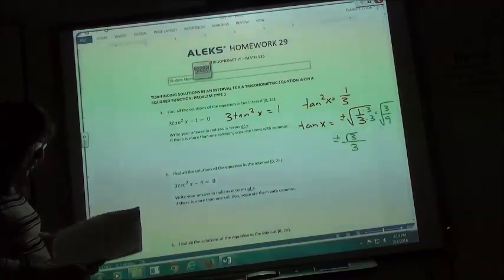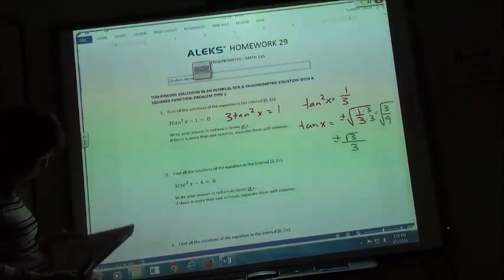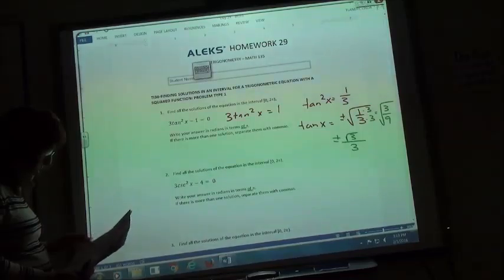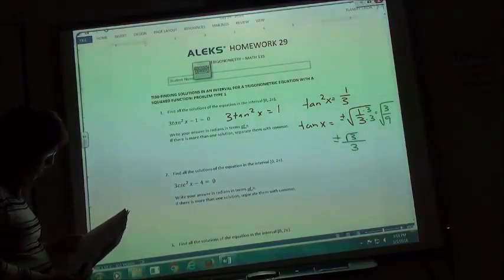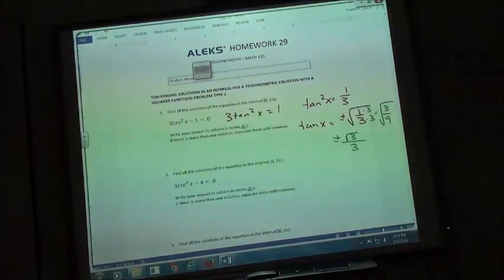So again, I'm just going to go back to my handy dandy table, which I left in my other packet of notes. So if I grab my handy dandy table from my other packet of notes, now I've got my handy dandy table.